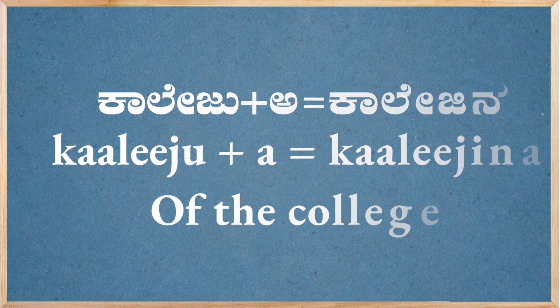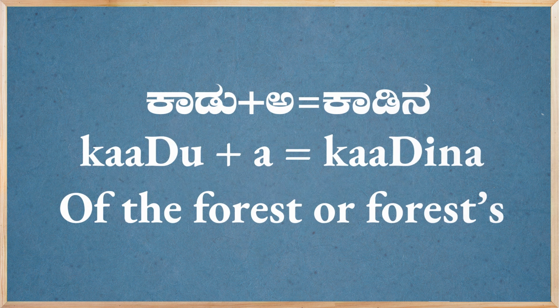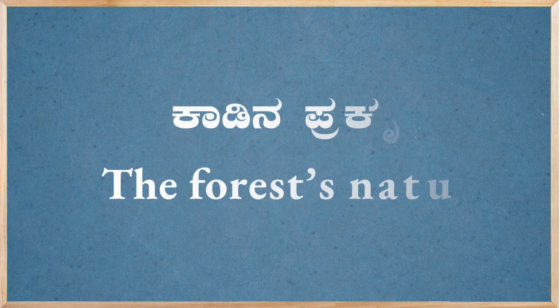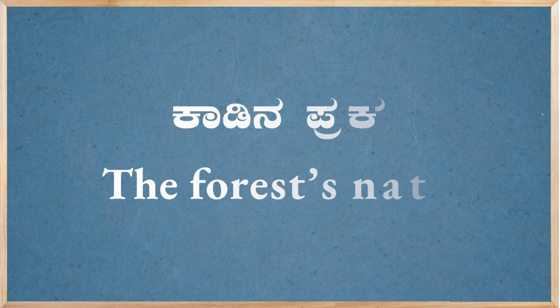For example, Kalejina Pustaka, the college's book. Kadu plus a becomes Kadina. Kadina, which means of the forest or forests. For example, in a sentence, Kadina Prakriti, the forest's nature.